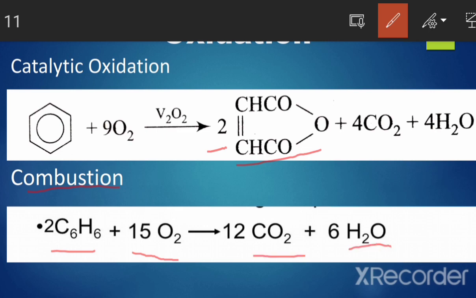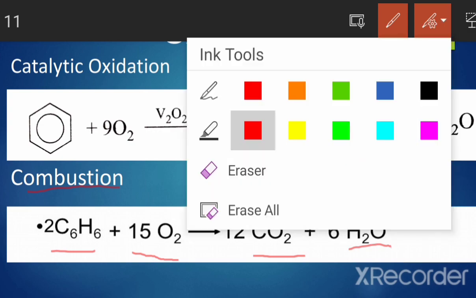As we all know, when the combustion occurs in the presence of air or oxygen, the products are the same every time, that is carbon dioxide and water molecule.